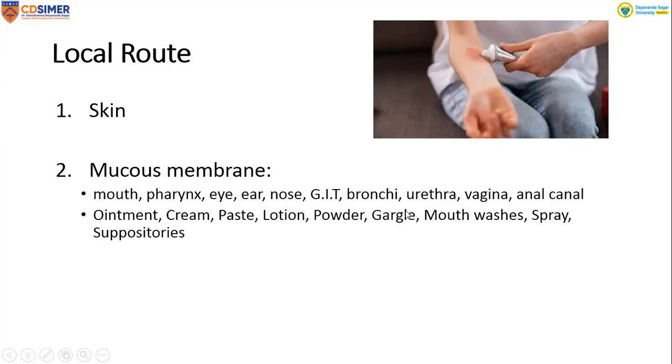So like this. And again, bronchi, how are we going to use it? There are two important methods we can apply for bronchial route of administration of the drug.